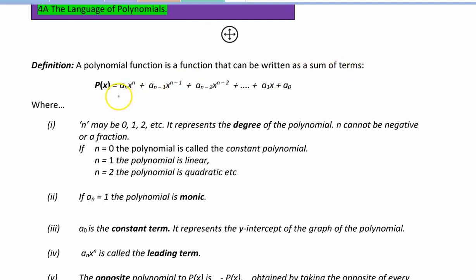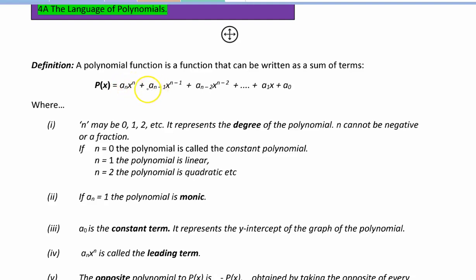Now, you'll see in a moment, n can be anything from 0 through to anything as big as you like. So our first term, and we always arrange our polynomials in this order, where our x term with the highest power appears first. This a_n is just the coefficient.